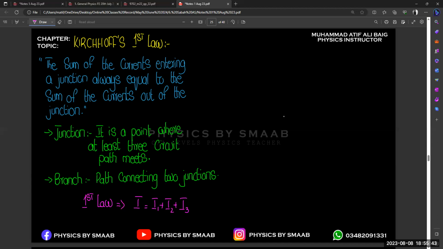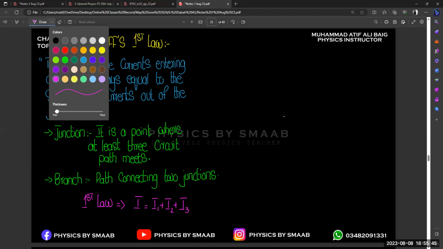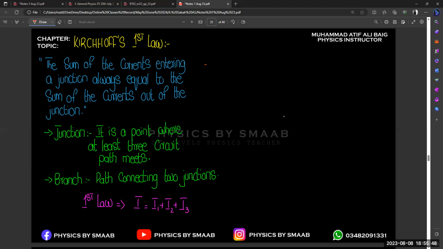And if we just want to draw a diagram, it will be a very simple one. Current is moving from this direction and divides into three paths. So our resultant current is equal to the sum of all the individual values of currents passing through I1, I2, I3, right?